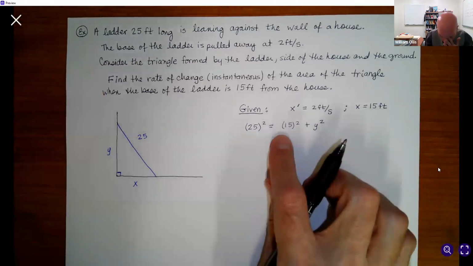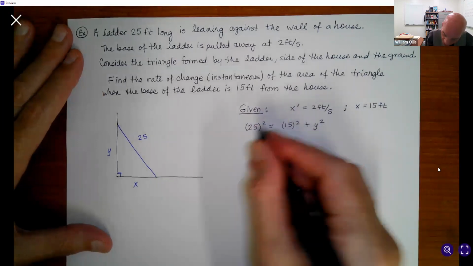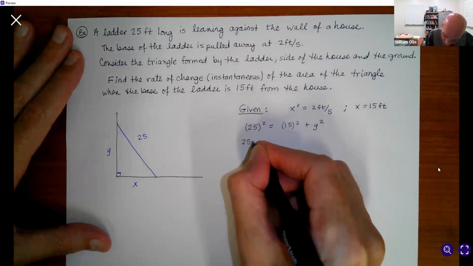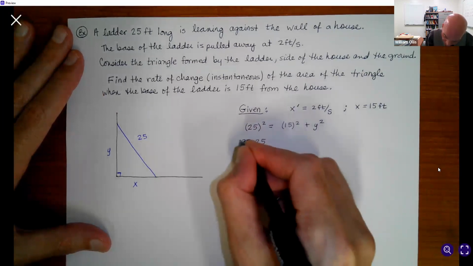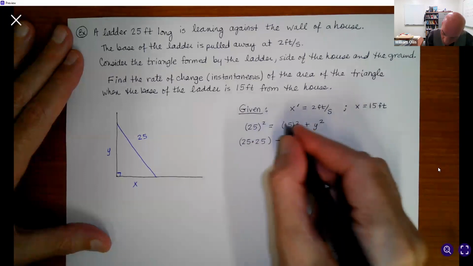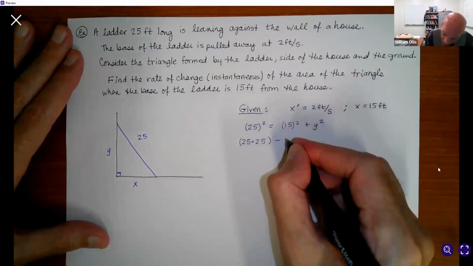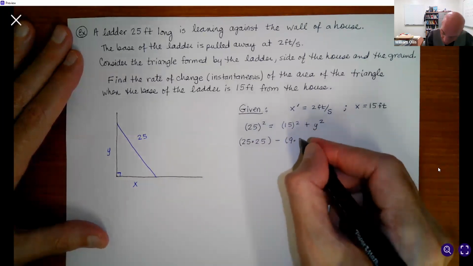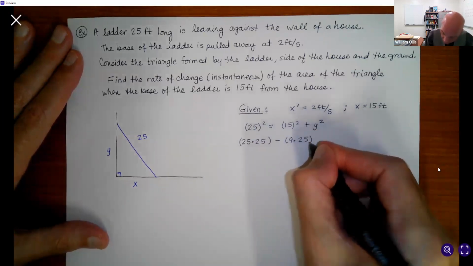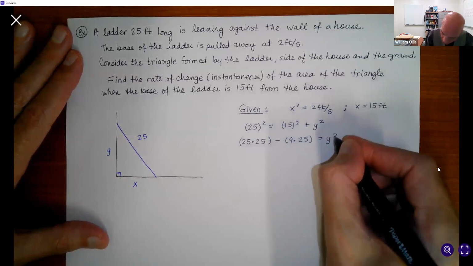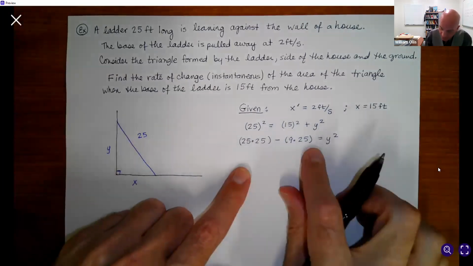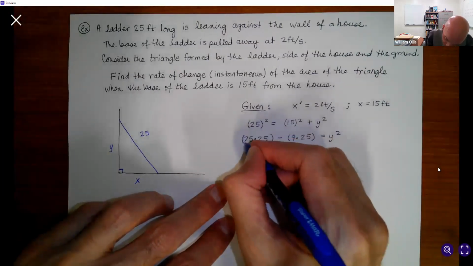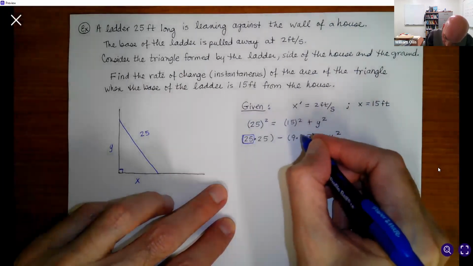So now, of course, notice we just go ahead and move everything to one side. This is 25 times 25 minus, and of course, 15 is 3 times 5. So that's going to give us a 9 times a 5 times 5, or a 25, equals y squared. So just very simple numbers, but easy to manipulate. And of course, now we can factor the 25s. We'll just go ahead and box those for factoring.